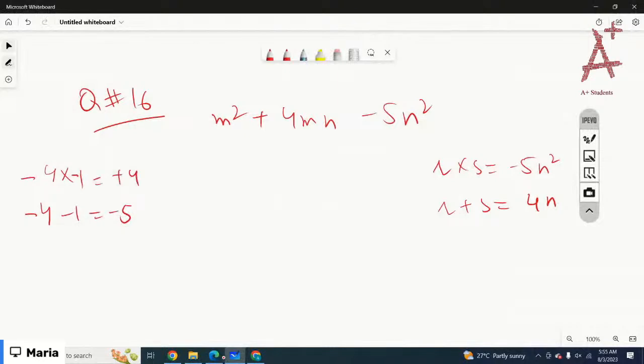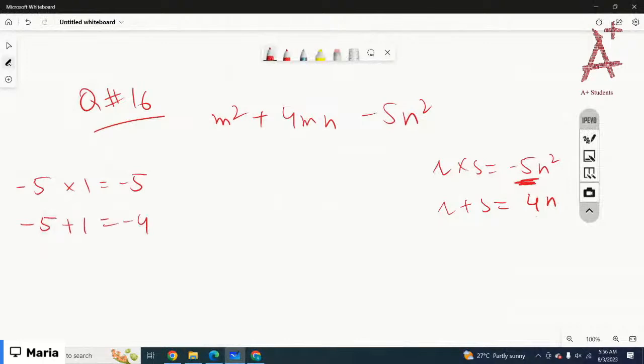That means the factors are negative 4 and, no, you have to find two numbers whose product is negative 5, not negative 4. 5 times 1 it is, because when you multiply it makes 5 times 1. Negative 5 times 1 is negative 5 and negative 5 plus 1 is negative 4.